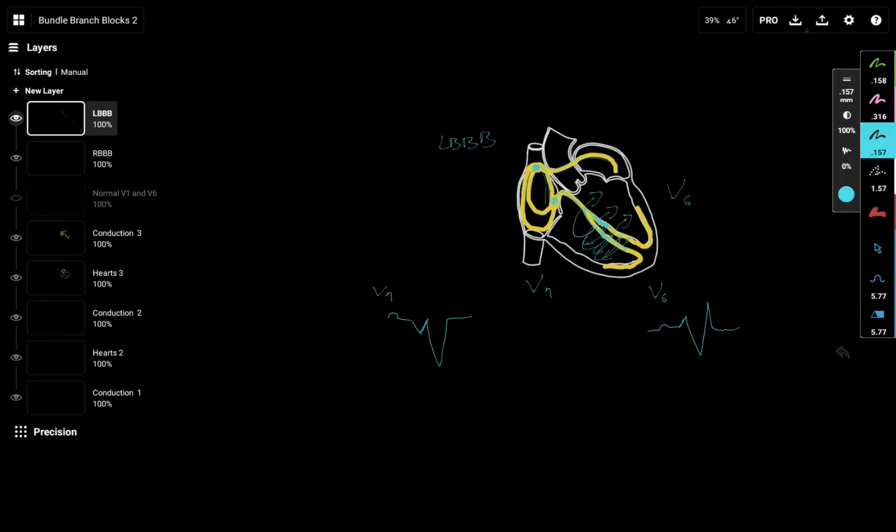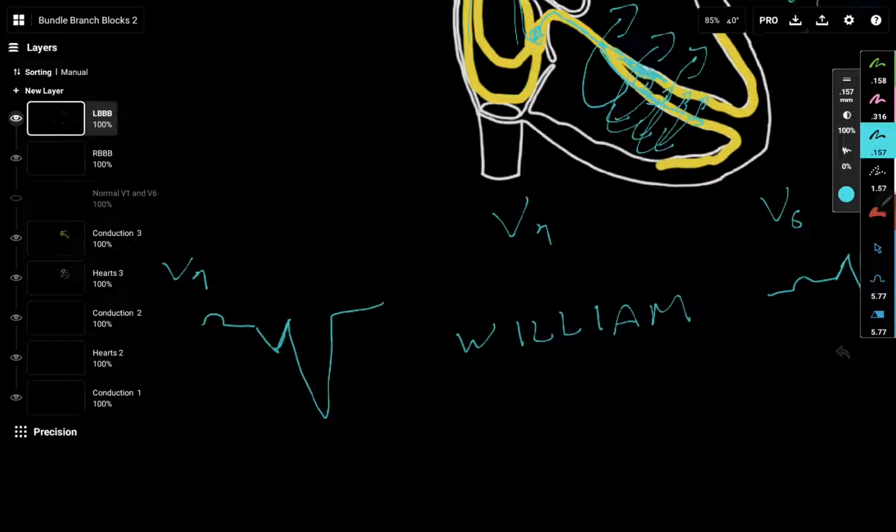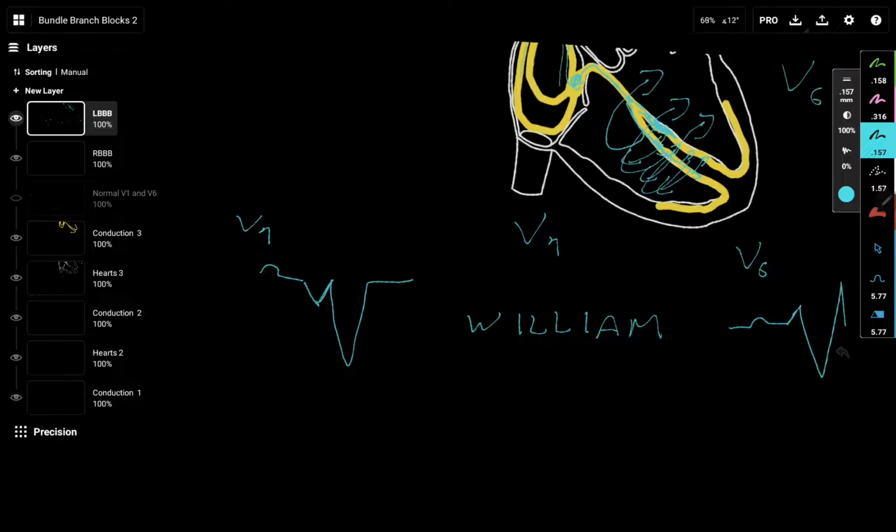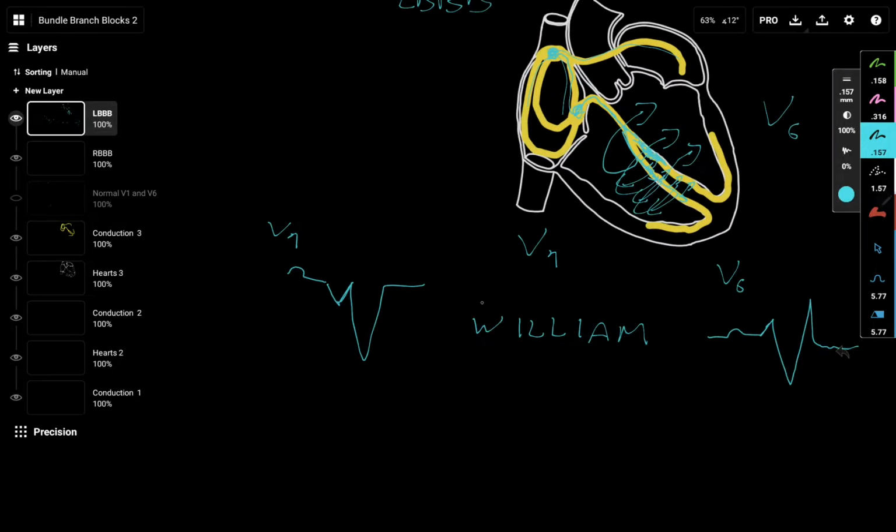If we want to use the mnemonic as we did before, the word here is William. For the branch blocks it's William Morrow. See, in V1 it goes negative, positive, negative, positive.